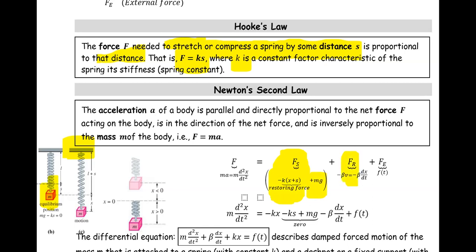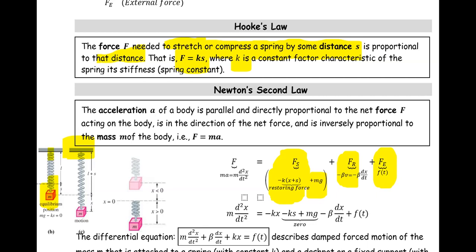And the other one, FR, is called the frictional force, the one based on the friction from the fixed supporter that the spring is attached to. And the other one, FE, is the external force. It could be some extra force that pulls the spring down in addition to the force from the spring and the mass itself based on gravity.